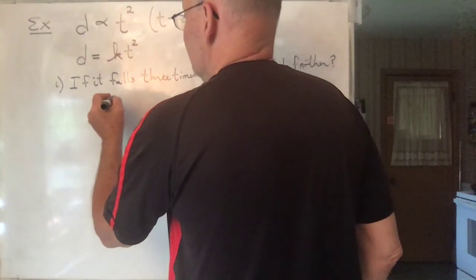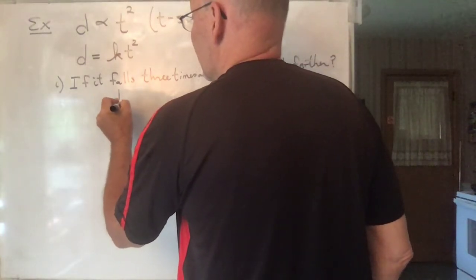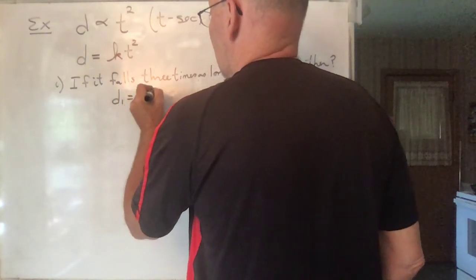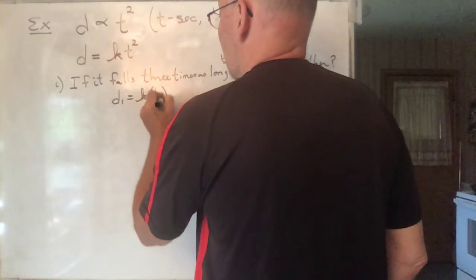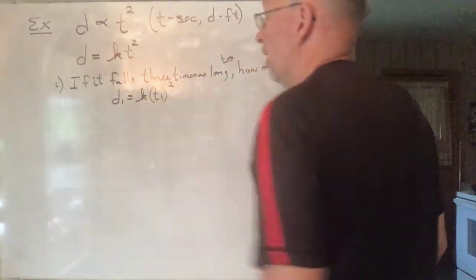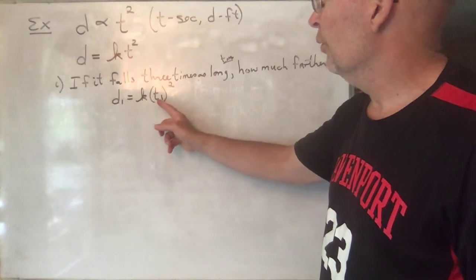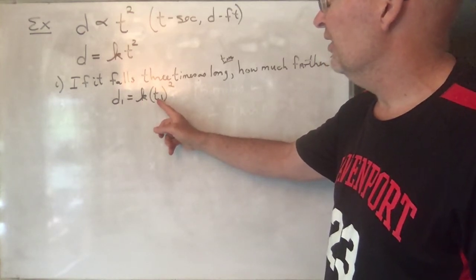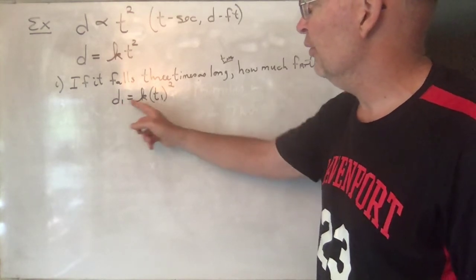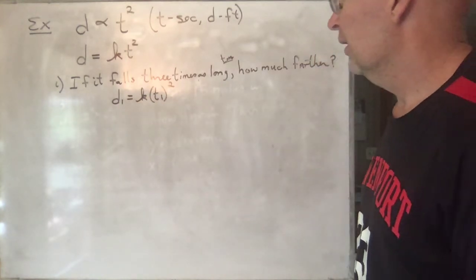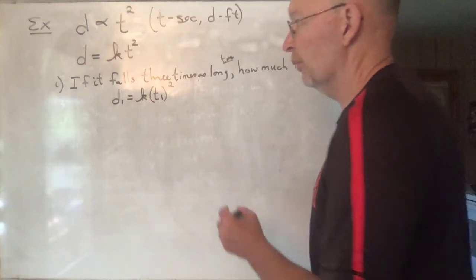Suppose that we let d1 be how far it goes if it falls t1 seconds. Okay, we often use little subscripts like this to help us kind of distinguish things.